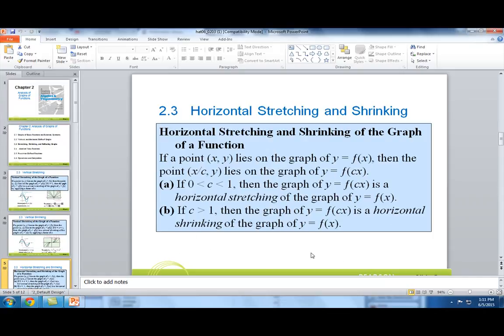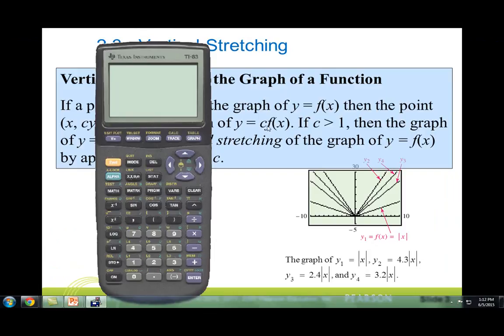Although there are no examples on the graph, I'll generate some examples by using the graphing calculator, and I'll go back to the vertical stretching slides, and I'll use this absolute value function. Notice that this 4.3 times the absolute value will result in a vertical stretch.